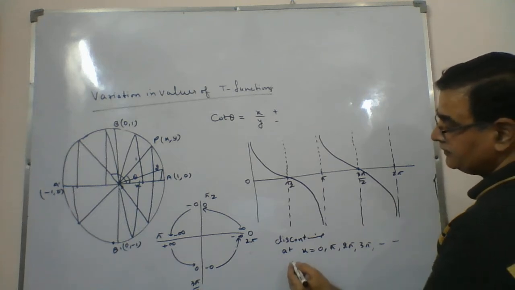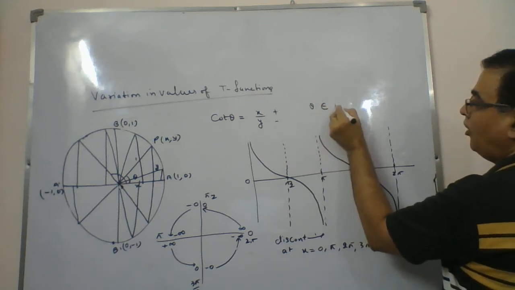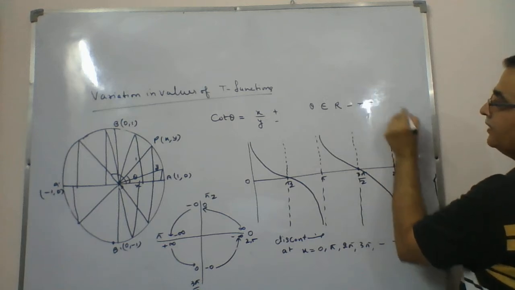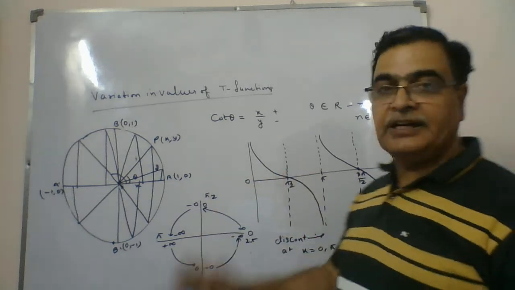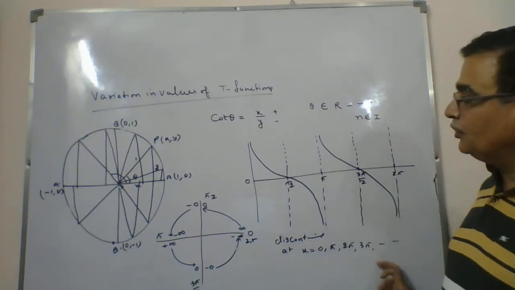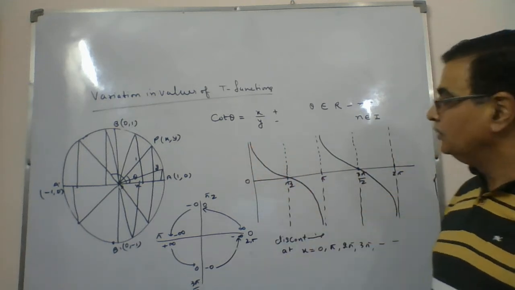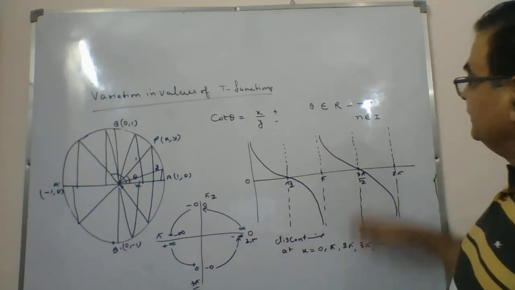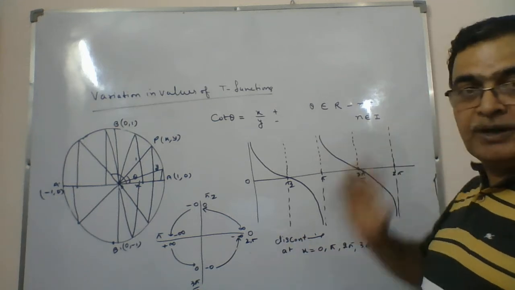And that means the theta which you take must be all real numbers except these values, n pi, where n belongs to integers. This is again a discontinuous curve. Discontinuous at certain points. So this function is discontinuous at certain places, and we have shown that also. So variation, I told you, takes values between minus infinity to infinity. It will be discontinuous at 0, pi, 2 pi, 3 pi, 4 pi, and so on.